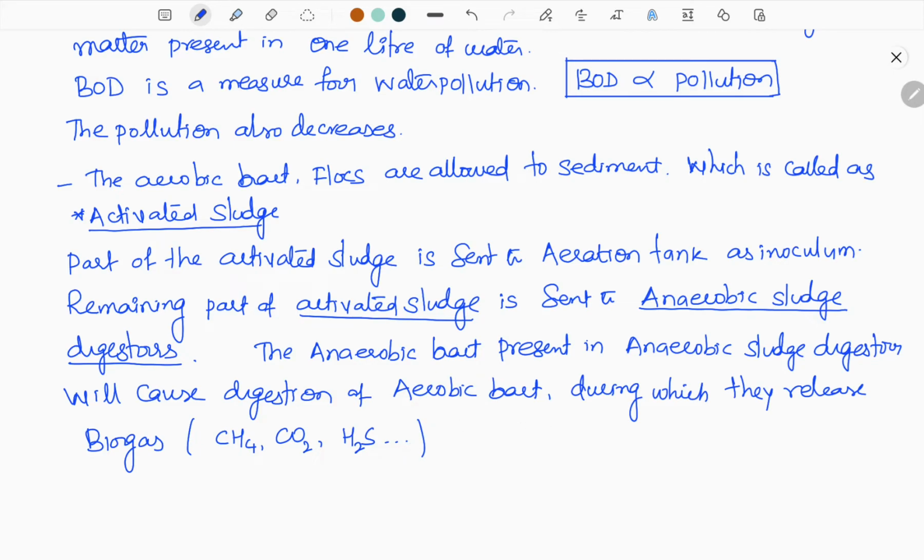So this biogas can be used as gaseous fuel, right?